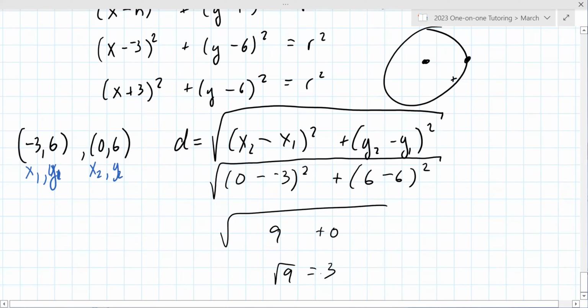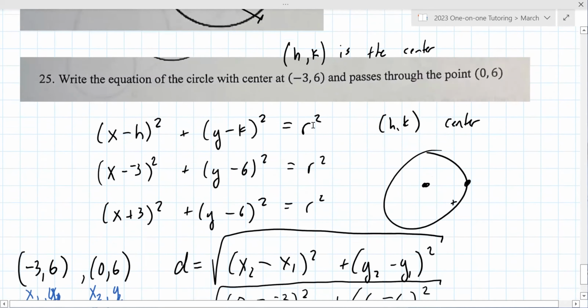So that distance is the radius. It's the value of r.